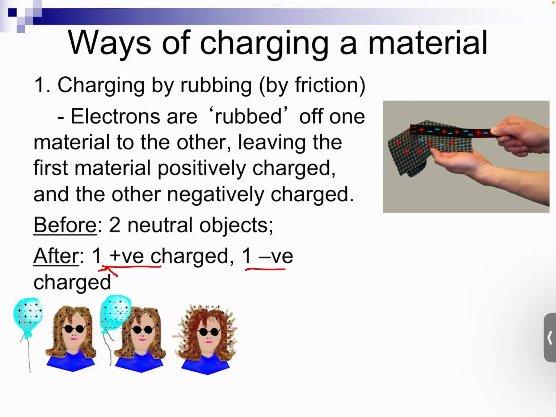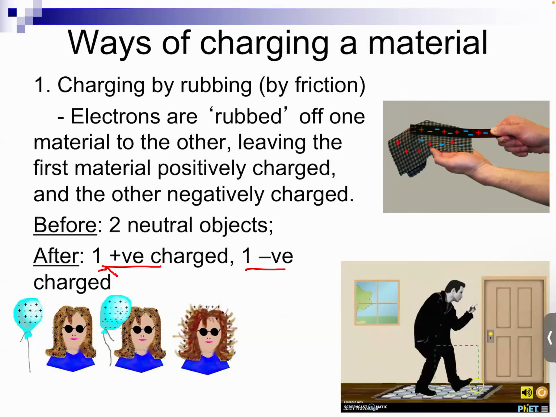It's also the same phenomenon that occurs when, we don't observe this a lot in New Zealand because our winters are wet. But if you go to some country with a dry winter and you walk across the rug, so you have your feet scuffing across the rug, electrons from the rug transfer to your body. And guess what will happen if you touch a metal such as the doorknob?